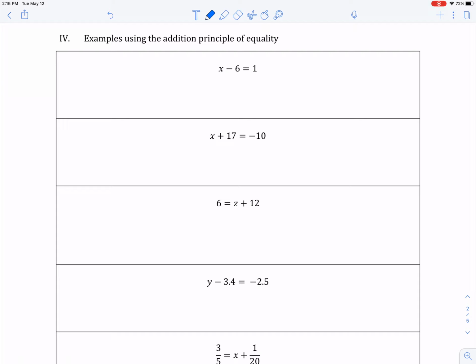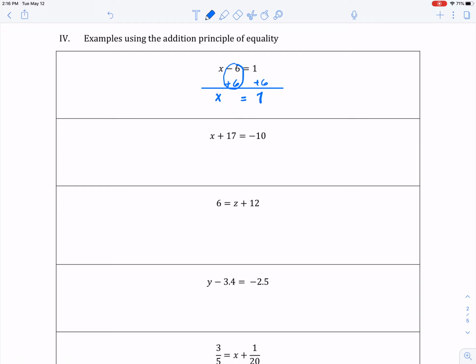The way I'm going to isolate that is I'm going to add 6 to both sides. So you'll see me doing these opposite operations. When I add down my columns here, I bring down the x, and the positive 6 and the negative 6, of course, add up to 0. Here's the equals mark. And on the other side, I have 1 plus 6 is 7. So I'm finished.